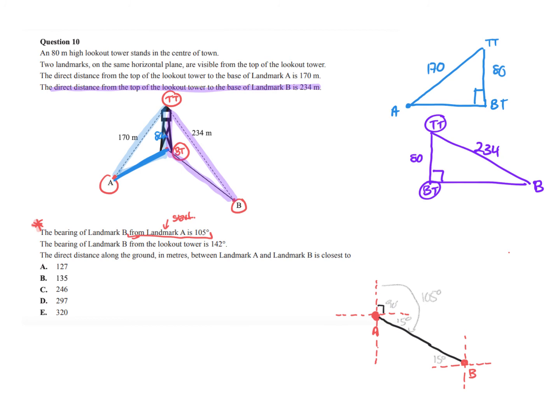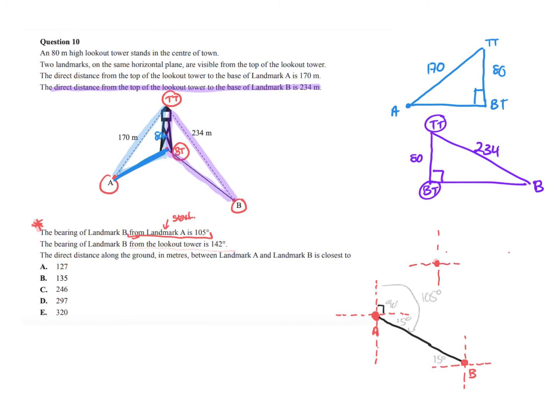All right, let's do the next part of what they say. Now they say the landmark B from the lookout tower, so the bearing from the lookout tower is 142. We can see roughly that the tower is up here. We know it's sort of north, so we'll put it up there, with a little compass.